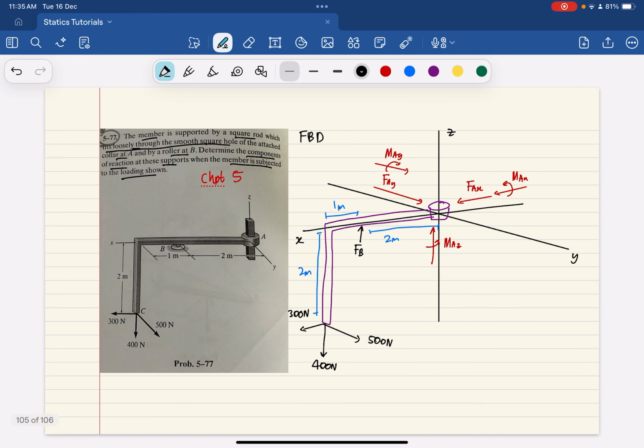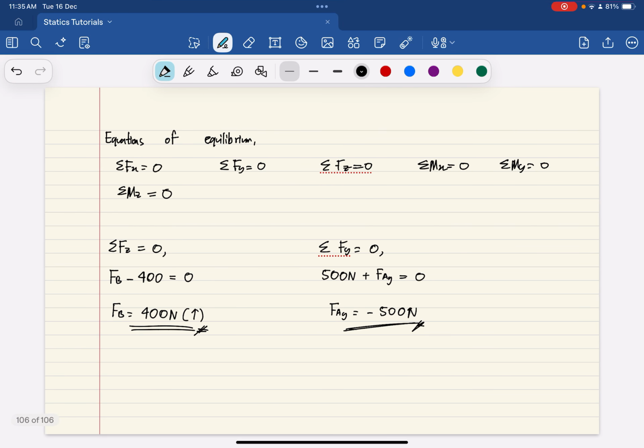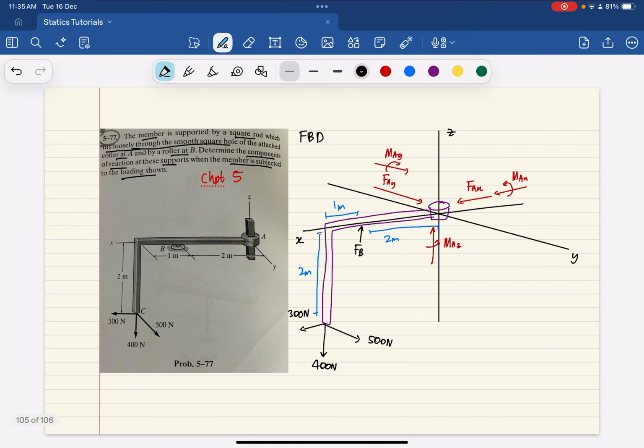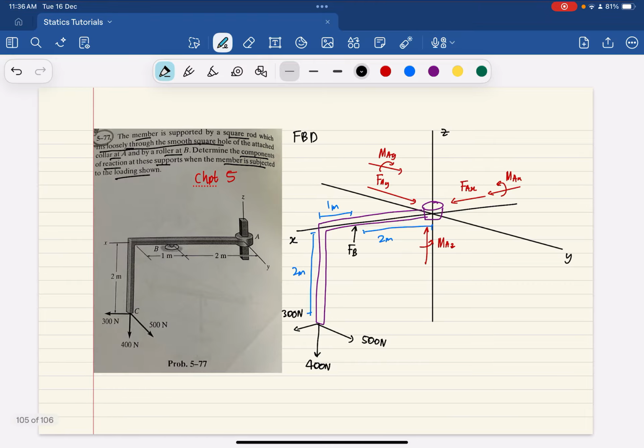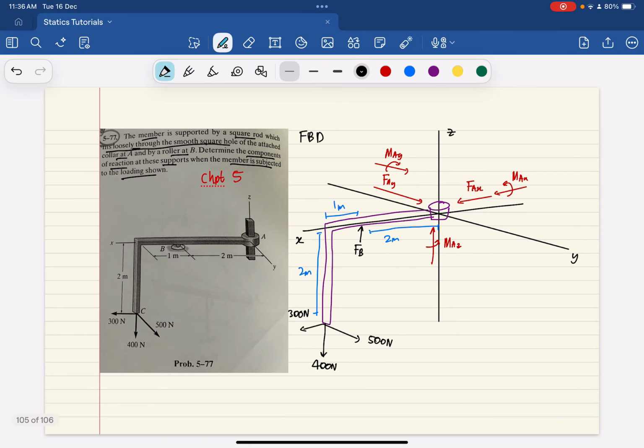Then for FAX, summation of Fx equals 0. We can see that 300 Newtons is going in the positive direction, and FAX also is going in the positive direction as well.